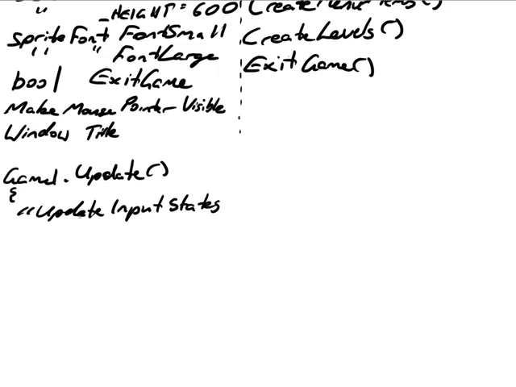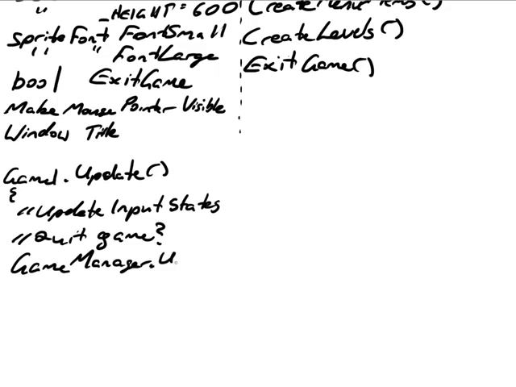What else are we going to do after that? Well, then we're going to need to check, is the game going to quit? Which is a simple if exit game equals true, exit game. Then what we do is call game manager.update and pass it in game time.